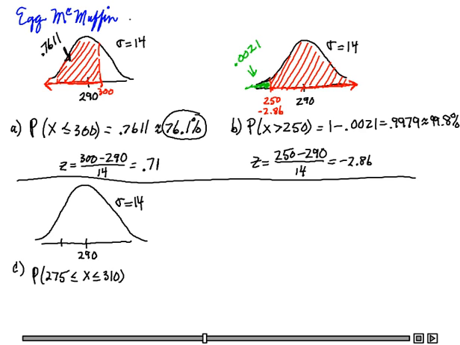Okay, 275 is going to be down here on the left, and 310 is going to be over on the right side of 290, and I want the probability between those two. So I'm talking about this interval, and the probability of being in that interval is the area under the density function above the interval.